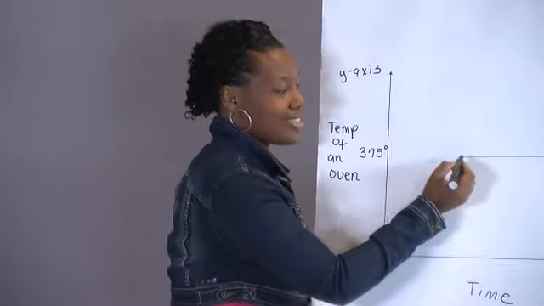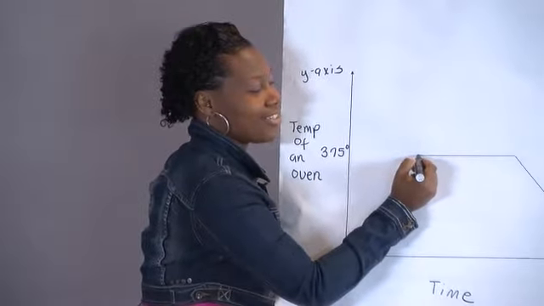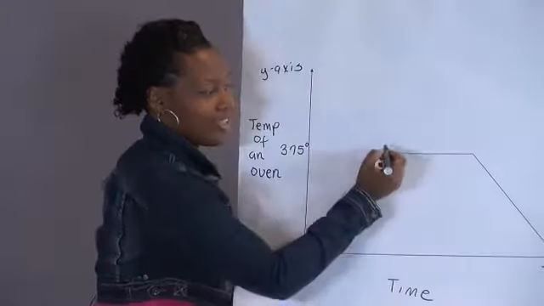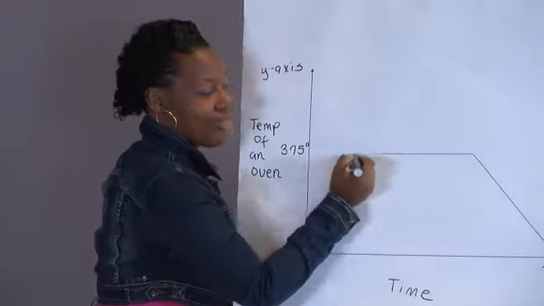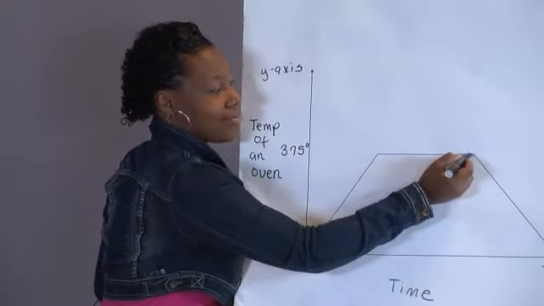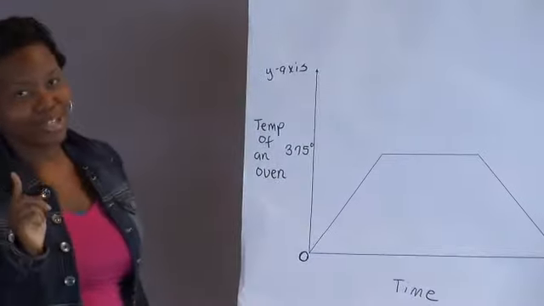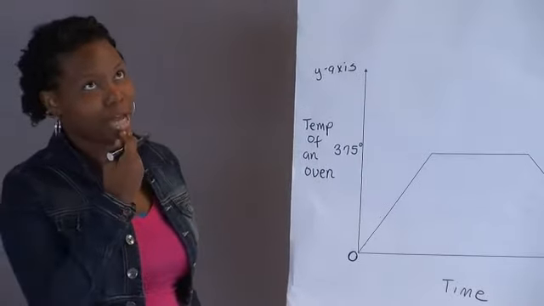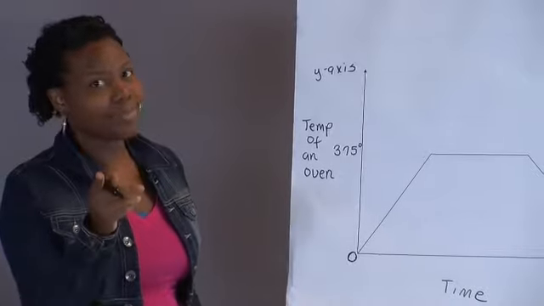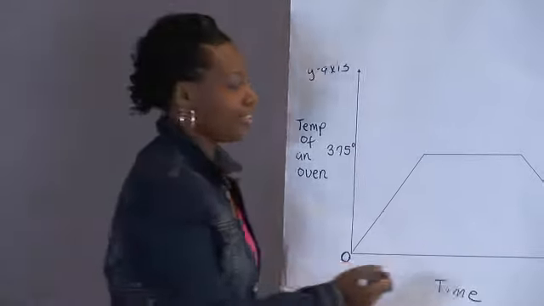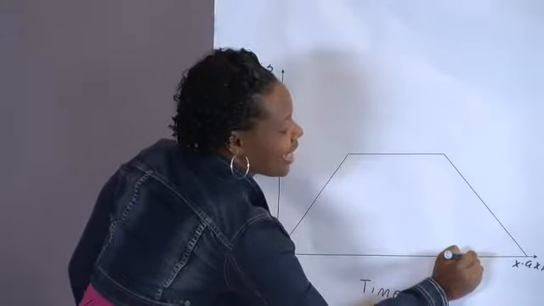So during this time, my mac and cheese is cooking. Over time, as time goes on, the mac and cheese is cooking at 375 degrees, so my temperature remains the same. Now, for all those cooks, how long does it take to cook macaroni and cheese? If it's in the box, maybe 5 minutes, but this mac and cheese, it's going to take maybe 2 hours if you do it right. I like it crispy.